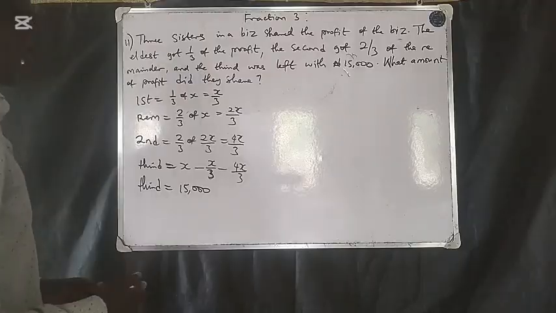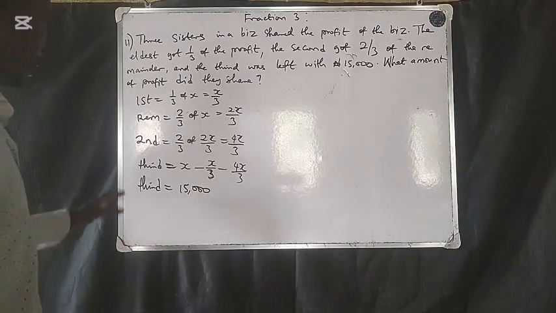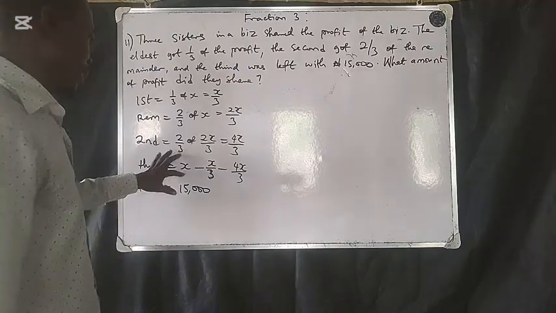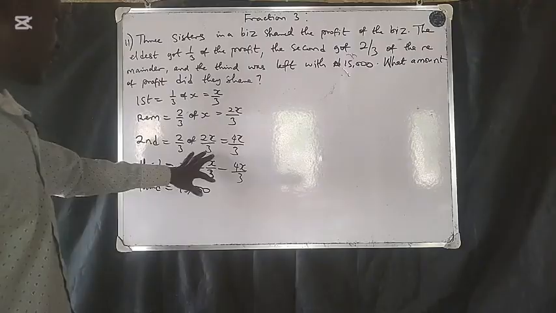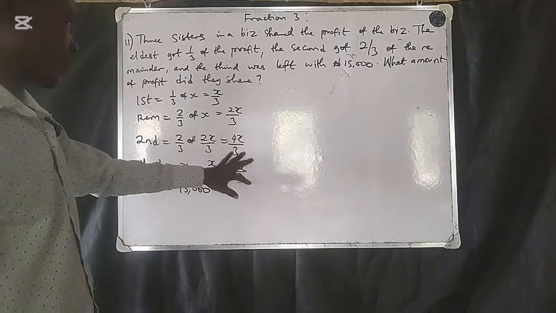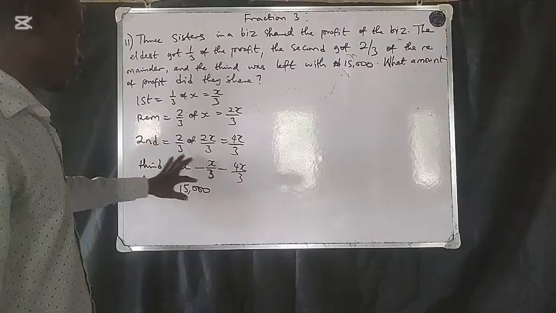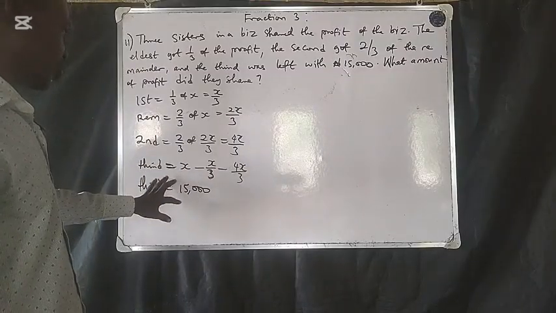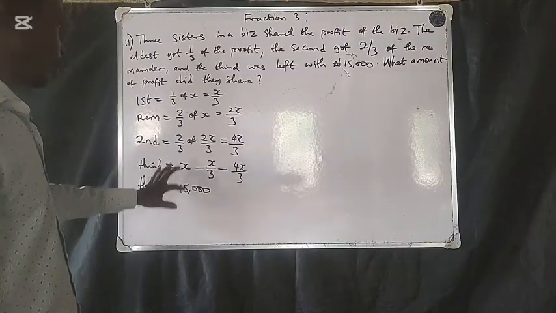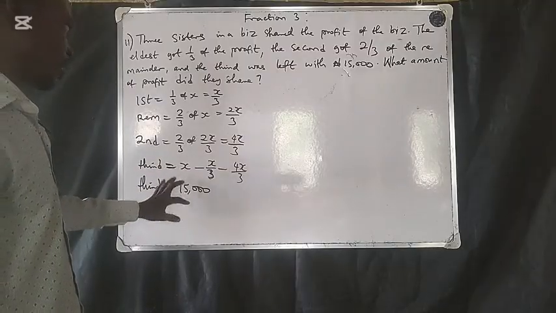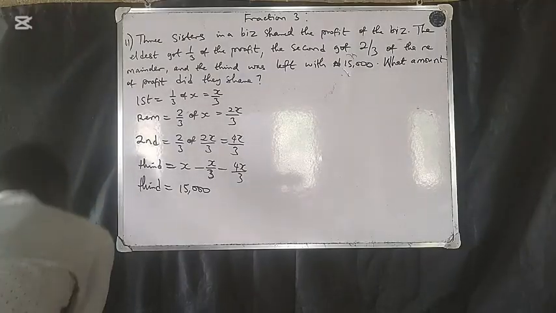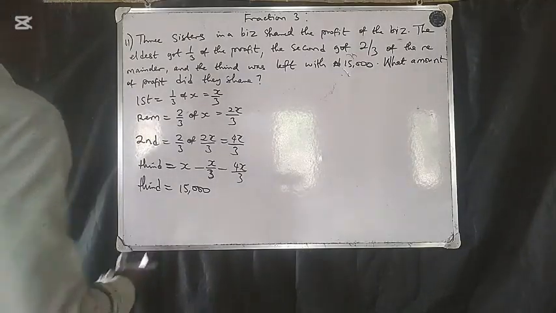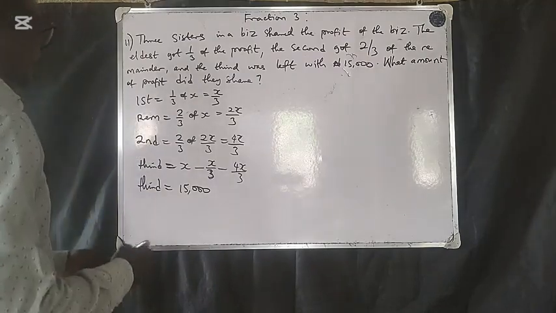This is similar to the number 9 question. The total amount to share is X. If I remove the first person's share and the second person's share, I should be left with the third person's share, and the third person's share is 15,000. If you equate these two values, you are supposed to get your answer. You are going to solve this one yourself.